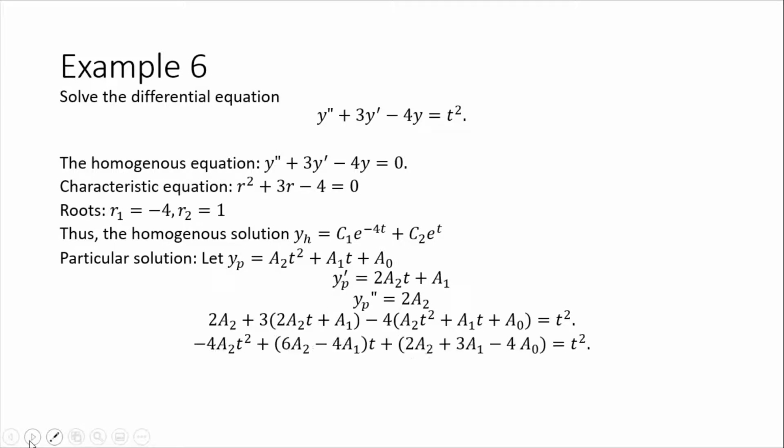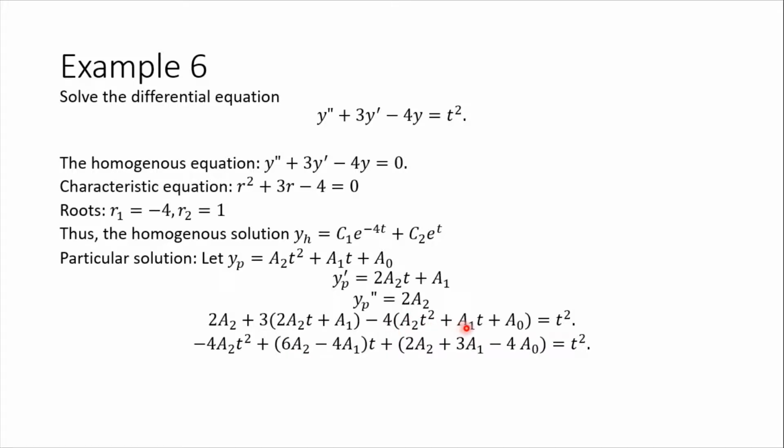So we can try to find out the solution. We can collect all the coefficients for t squared here. You see, where is the t squared? Only this one, minus 4a2 t squared. And then we collect all the coefficients for t. Where is t here? No t. Okay, here t, 6a2.